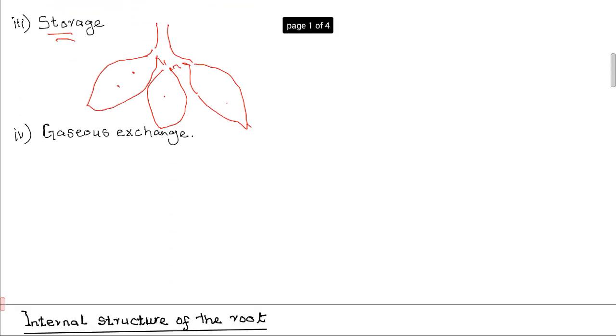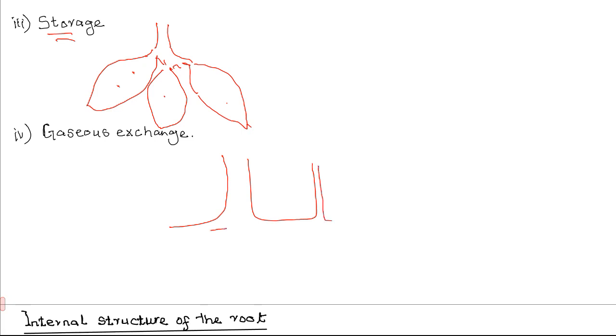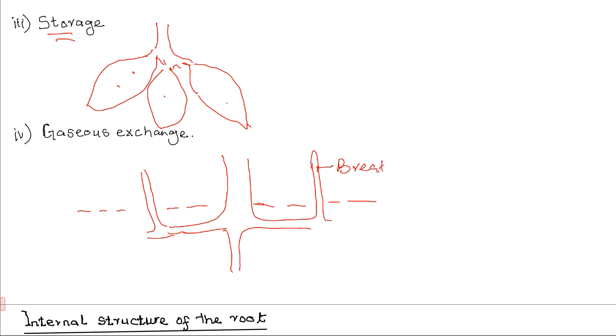Then there are also, in other plants, roots playing the function of gas exchange site. In plants that grow in swampy areas where the soils are waterlogged, there are specialized roots that grow out of the soil and are involved in gaseous exchange, and for this reason these specialized roots are also known as the breathing roots.